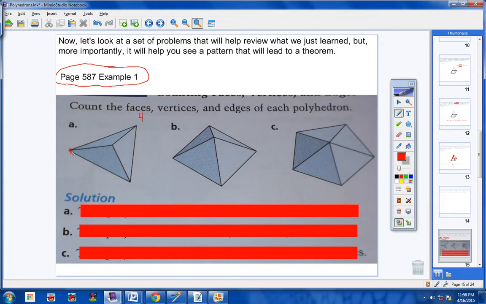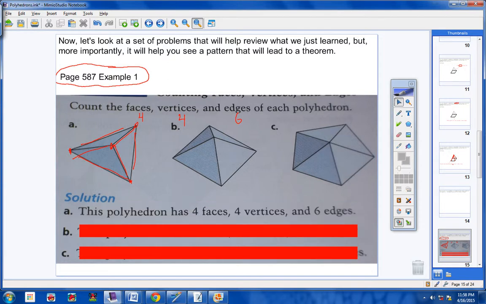Vertices, what we got? 1, 2, 3, 4. So we have four vertices. Edges. Well, edges are the line segments. So 1, 2, 3, 4, 5, 6. So we have 6 edges. So 4 faces, 4 vertices, and 6 edges. Okay? There it is.